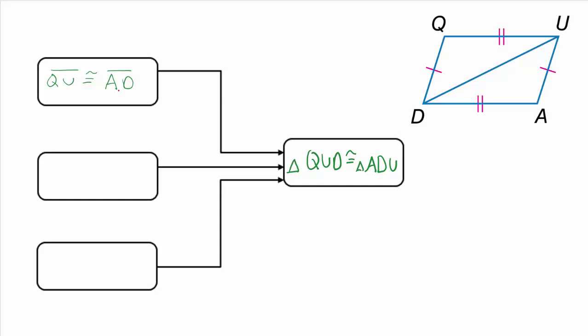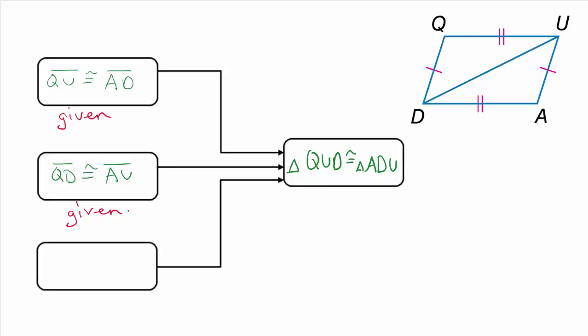What makes that statement true? And the reason for that is just that it was given. So you're just going to write it right under it. Okay, the next given was that QD is congruent to AU. That was also given to us.